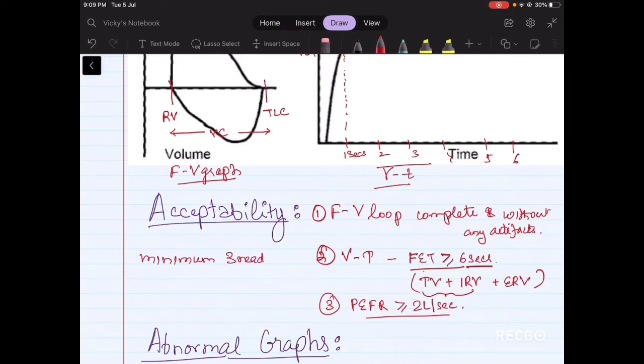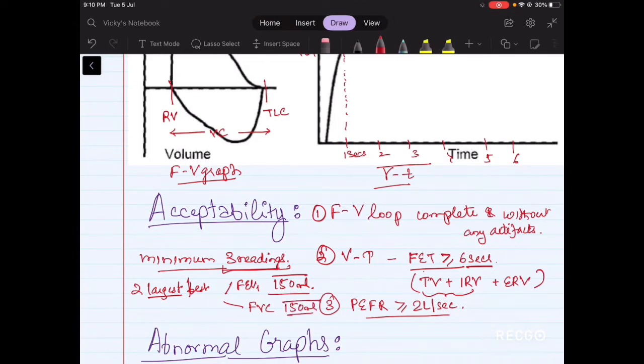That is, you should do spirometry at least 3 times, and of these 3 readings, in the 2 largest graphs or the 2 best readings, FEV1 should not have a difference of more than 150 ml, and FVC should not have a difference of more than 150 ml.